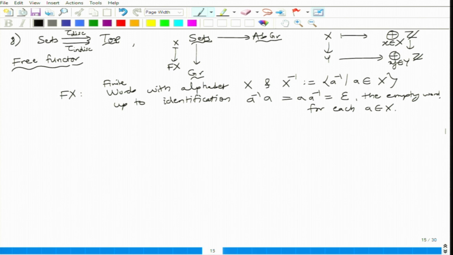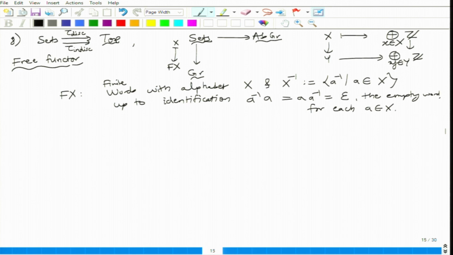For a small x in X, it will be mapped to f of small x, which is in Y. Right, so the map is induced by the action on the index sets, the most natural thing that you can do.